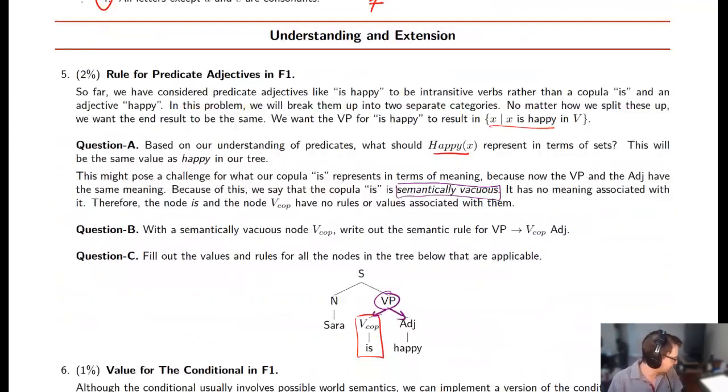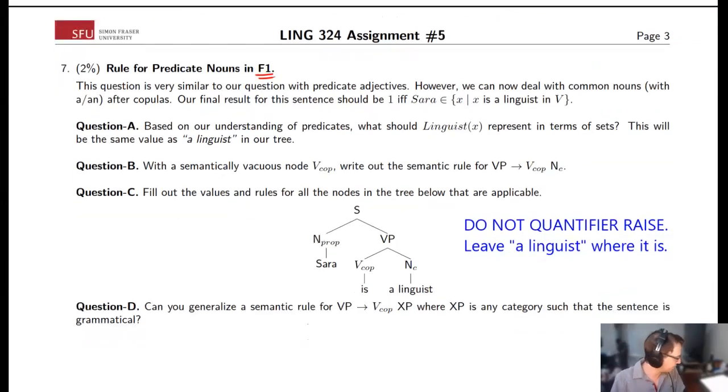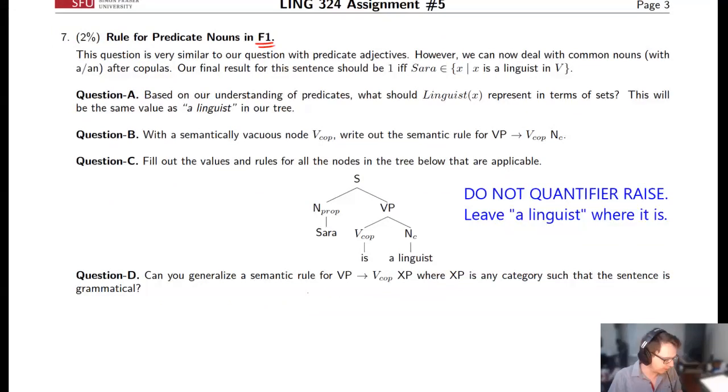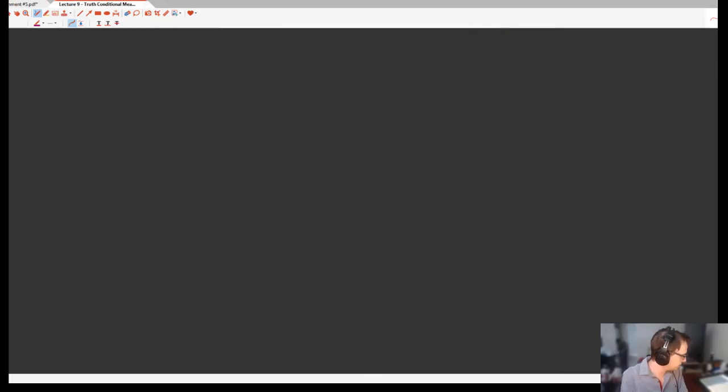And as always, for questions 5 and 7, even if you aren't quite getting there and you ask questions or don't ask questions, just give it your best attempt because these questions aren't always easy to figure out. What I'm just looking for are your ideas, and giving it an attempt will always at least get you some partial marks on these questions because they are tough, just like the ditransitive question from last week or last assignment. So anyway, let's go back to ye old rules.